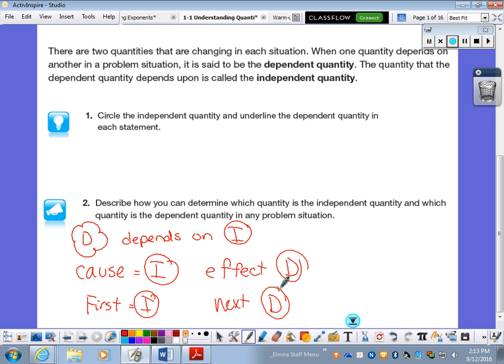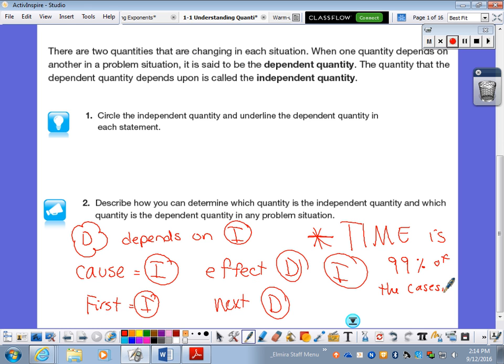One thing I want to make a note of here really big: time is independent 99% of the cases.